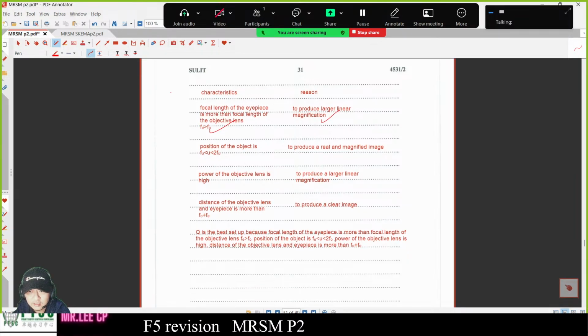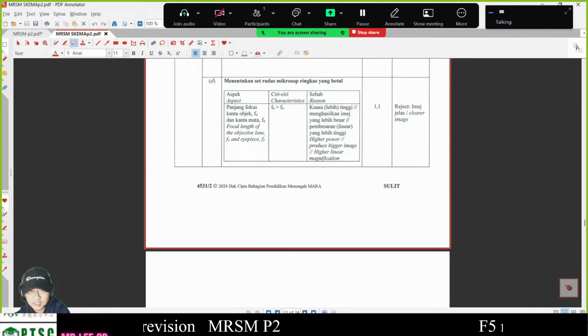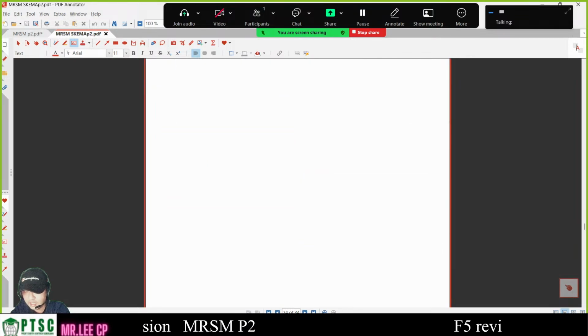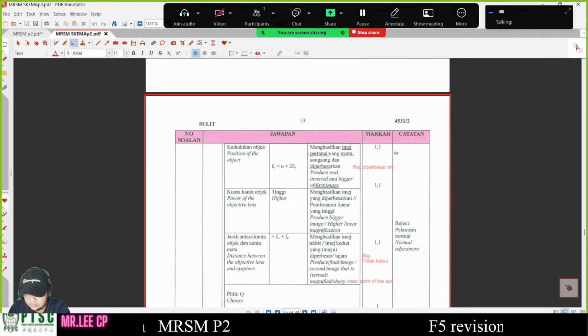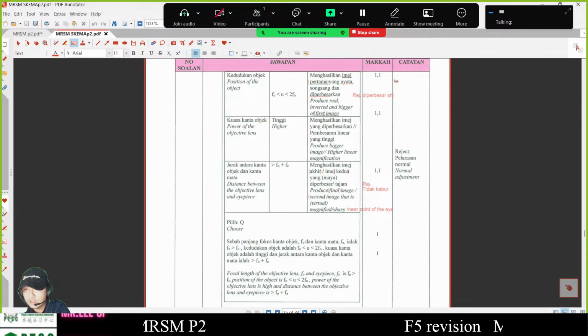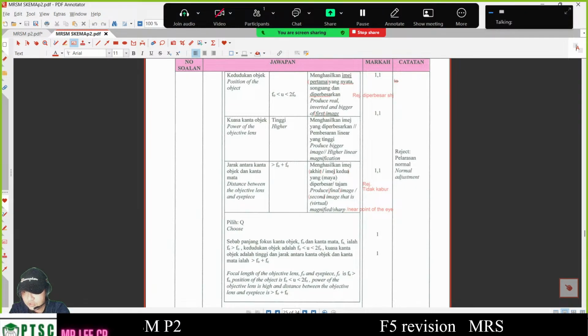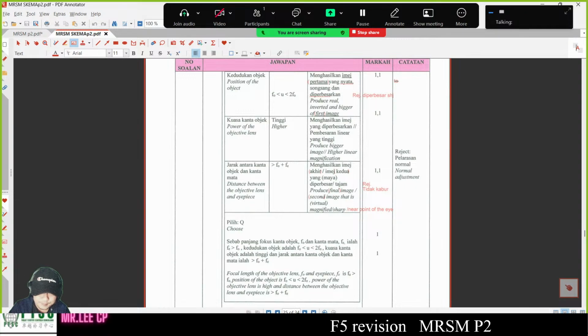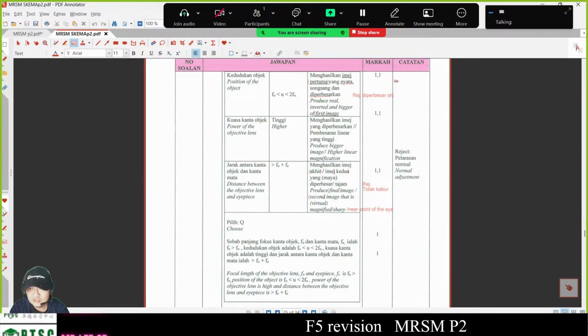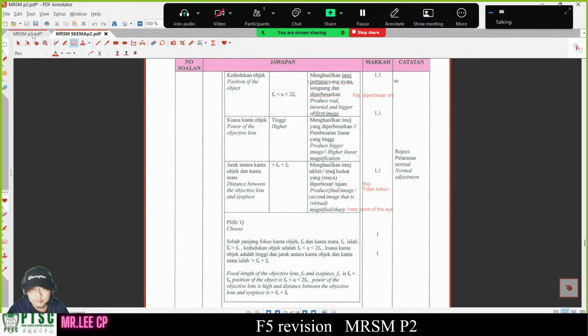Now the second one, I copy it here. Never mind, I mark it. Now U in between F and 2F gives real, inverted, and bigger. Inverted is not necessary because you don't want it to be inverted, so producing a real and bigger image will be okay.